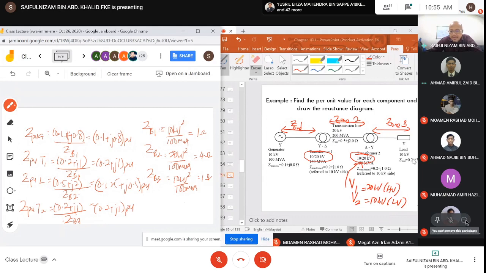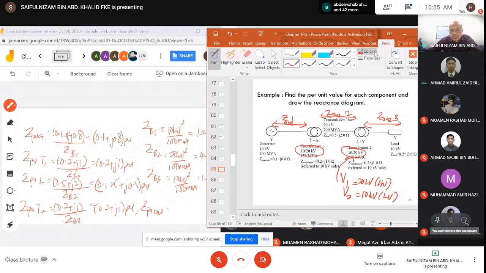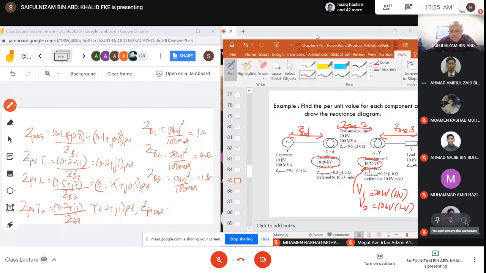And the last one, the load. ZPU load equals 0.2 plus j3 divided by the Z base at zone 3, which is 1.